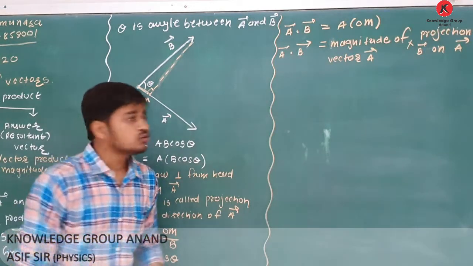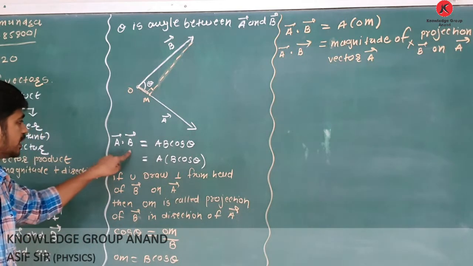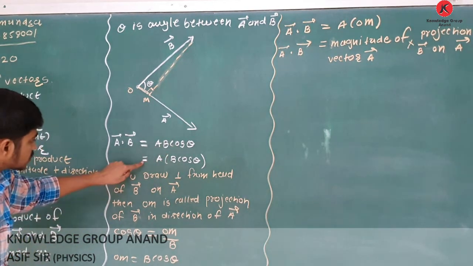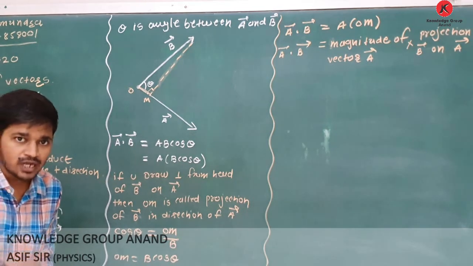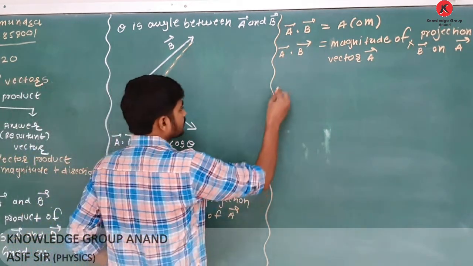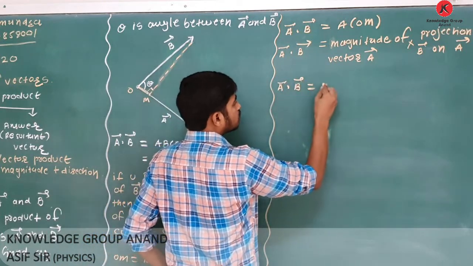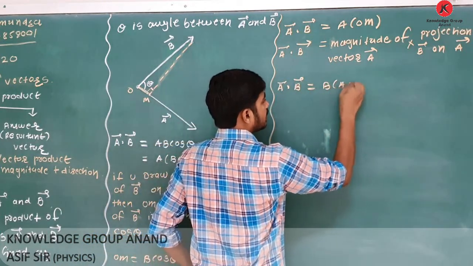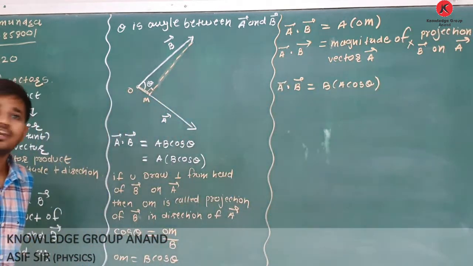Okay, yes, you can also write this equation. A dot B is equal to AB cos theta. Now similarly, A dot B is equal to B A cos theta. Then what is A cos theta?